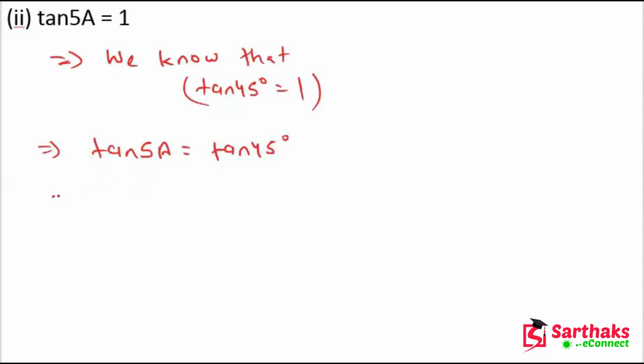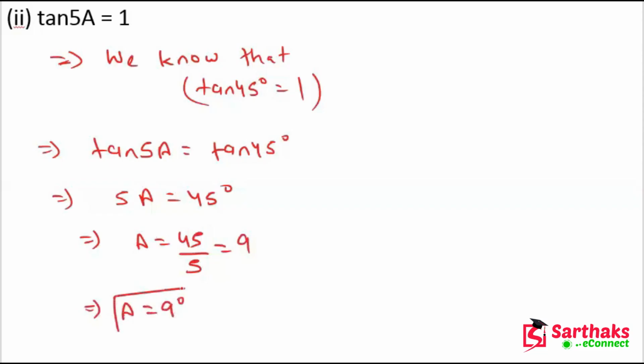Now we can compare this: 5A is equal to 45 degree. So the value of A is 45 divided by 5. We get 9. So the value of A is equal to 9 degree. Answer. My dear friends, I hope you understand this concept. Now let's move on.